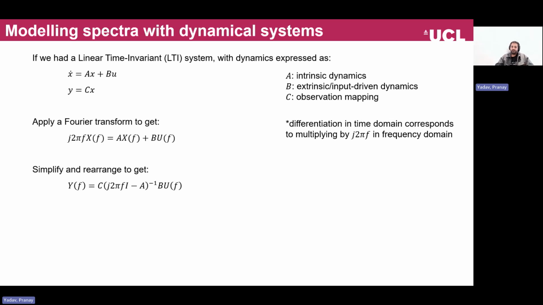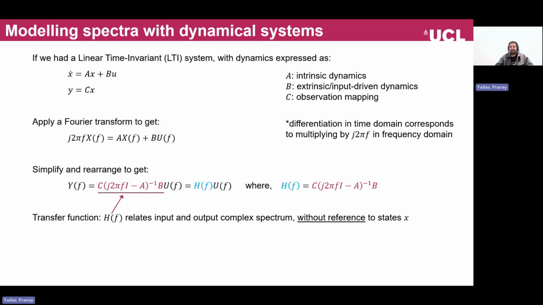And we can see that y is a function of this big term here and the input. This big term is the transfer function. The transfer function essentially relates the input and the output spectra. And if you see the terms in it, it makes no reference to the hidden states x. It only depends on the parameters, and these parameters are C, A, and B, in addition to the frequency f.